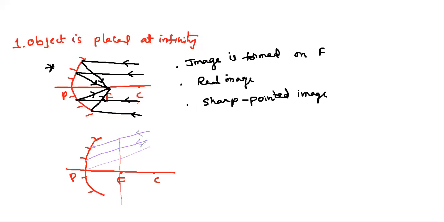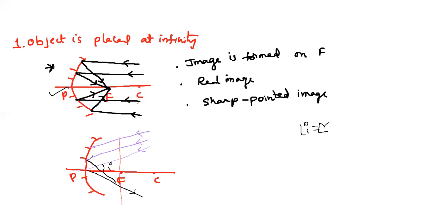So these are all my incident rays, and here I am going to apply the law, and this is the angle of incidence. We know angle of incidence is equal to angle of reflection in case of the spherical mirror also. So you will get the reflected ray like this. And from this diagram, it is clear that a concave mirror is acting like a converging mirror when the rays fall on it.